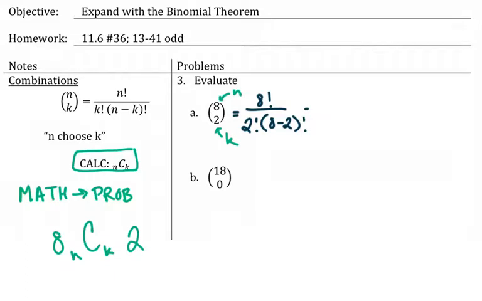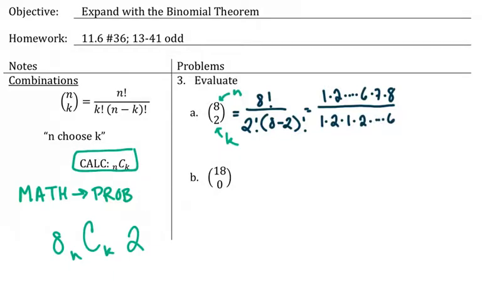Remember, factorials are those expanded multiplication problems. So 8 factorial is 1 times 2 times dot dot dot all the way out to 6 times 7 times 8. I'm skipping some numbers in there. 2 factorial would be 1 times 2. We're still following order of operations, so parentheses before multiplication. 8 minus 2 is 6, so that's 6 factorial, 1 times 2 times dot dot dot out to 6.